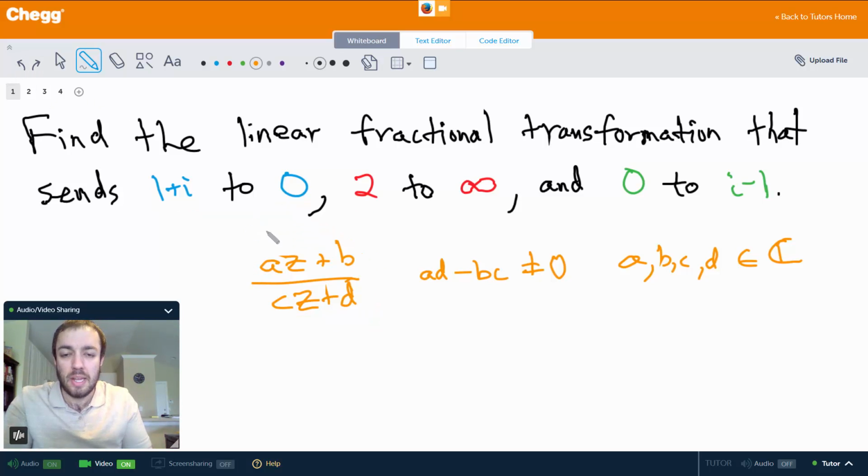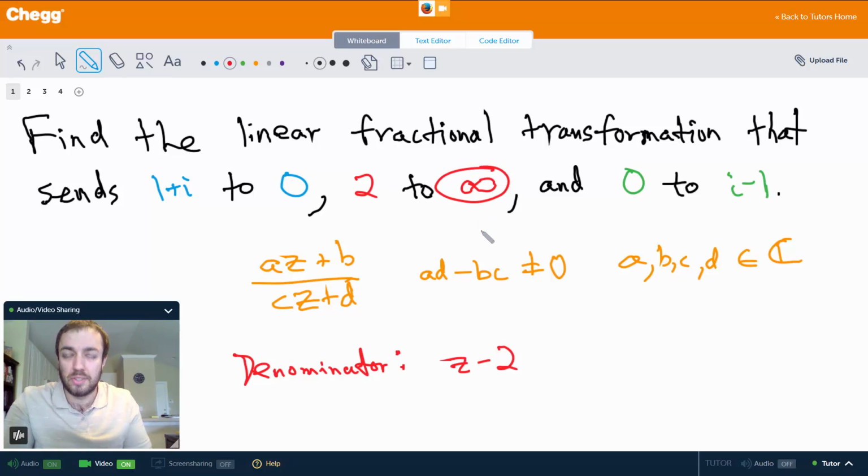For me, I think the easiest way to start is by saying, okay, we have something that goes to infinity. Because this sends 2 to infinity, in the denominator we're going to have z minus 2, because then when z equals 2, we're dividing by 0, which in the extended complex plane gives us infinity.